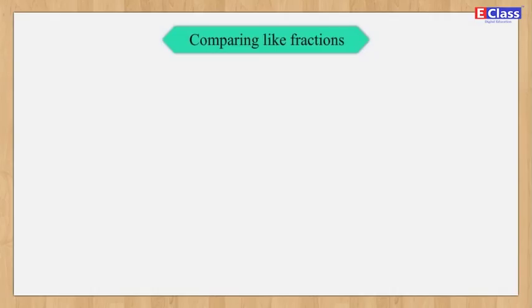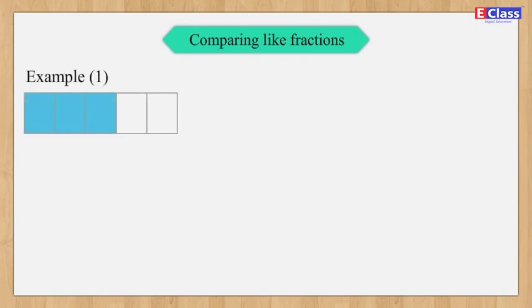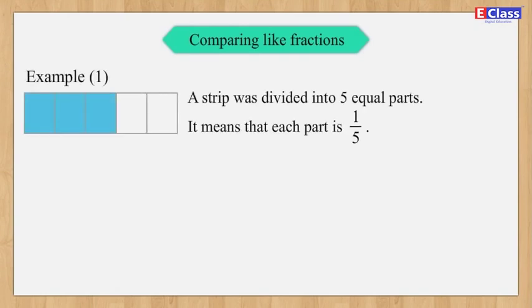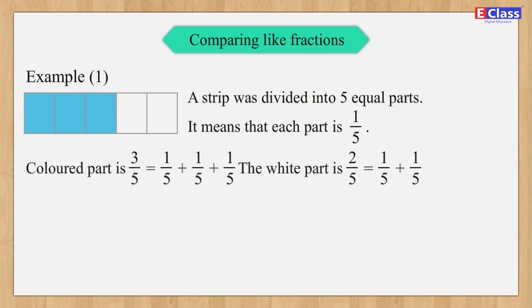Comparing like fractions. Example 1. A strip was divided into 5 equal parts. It means that each part is 1 upon 5. Colored part is 3 upon 5, which is equal to 1 upon 5 plus 1 upon 5 plus 1 upon 5.